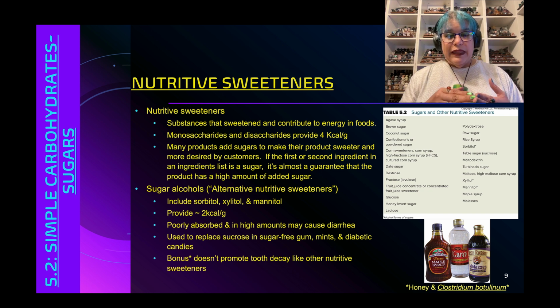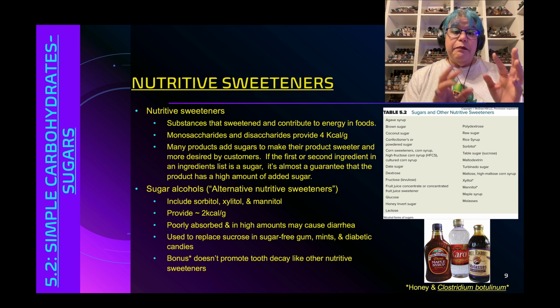So we replace the sucrose in sugar-free gum with sugar alcohols, in sugar-free mints with the sugar alcohols, and diabetic candies. And if you look at the package of diabetic candies, a lot of times it says don't have more than so many or you get diarrhea, and it's because of this.